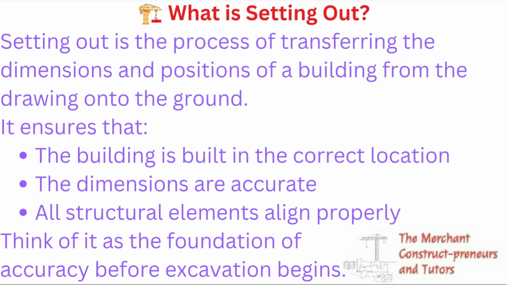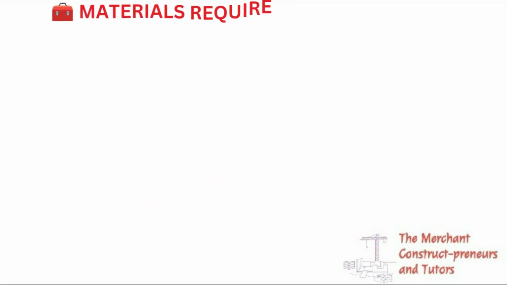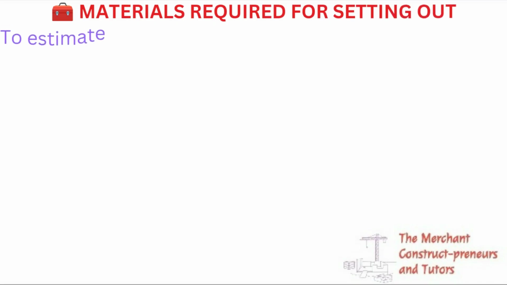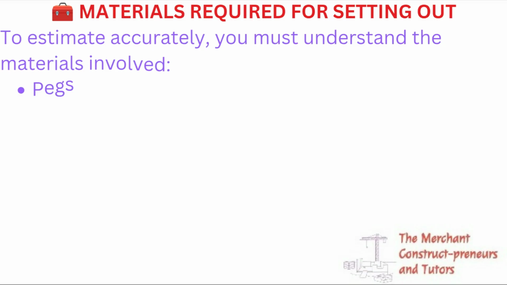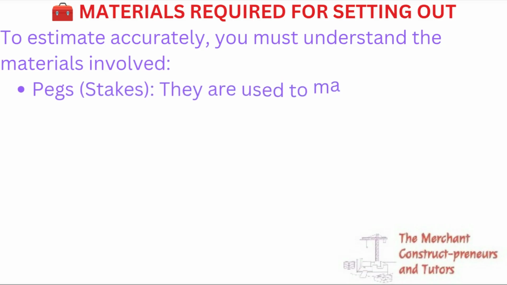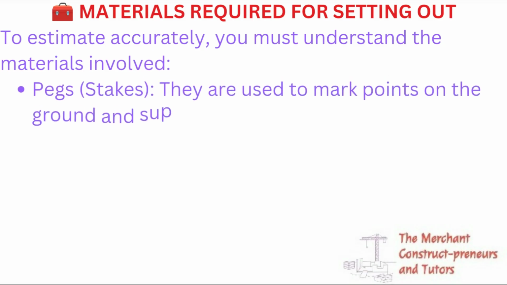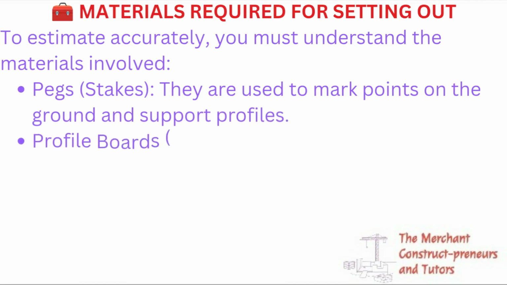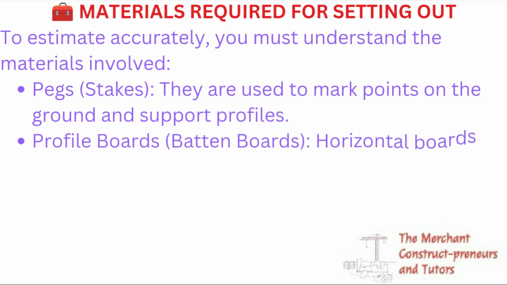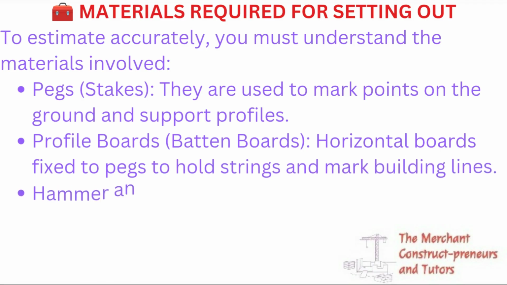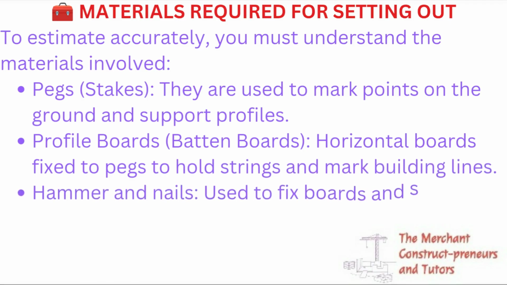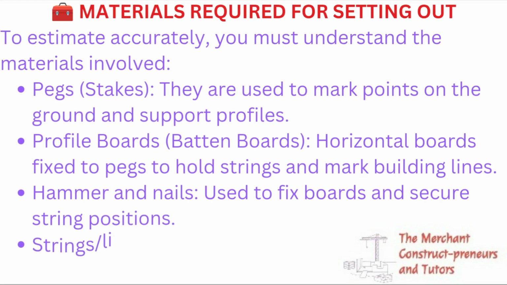So we are transferring those dimensions and the orientation of the building to the ground, and this must be as accurate as possible, so that you don't have to start adjusting or doing serious reworks, right?